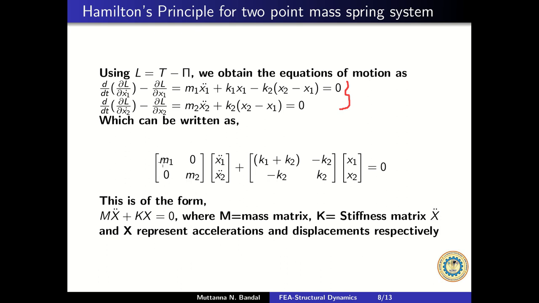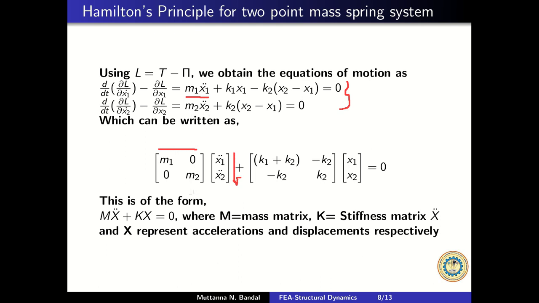If I multiply this row and this column, I will get this equation. So m1 into x1 double dot, and 0 into x2 double dot is 0. So there is no m2 term in this equation, hence this row satisfies this.